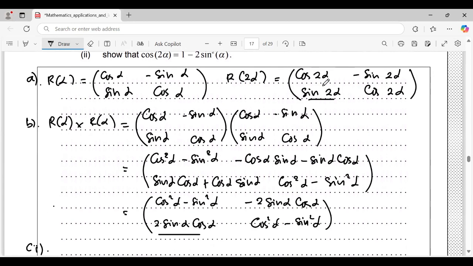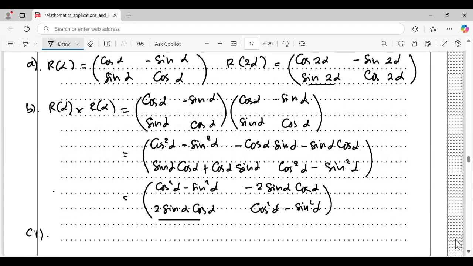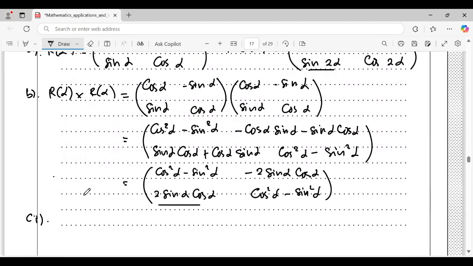Also, because of the trigonometric identity, 2 sine alpha cosine alpha equals sine 2 alpha.